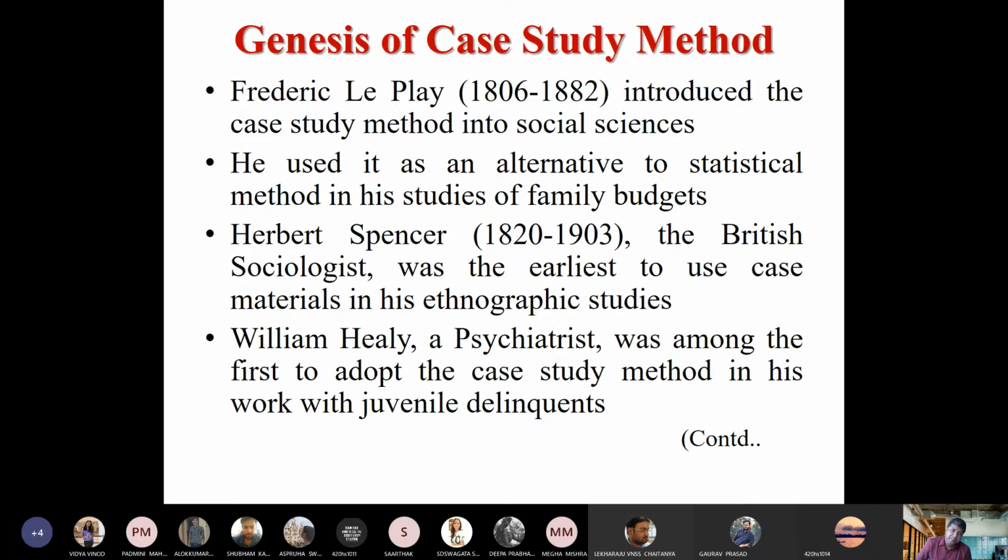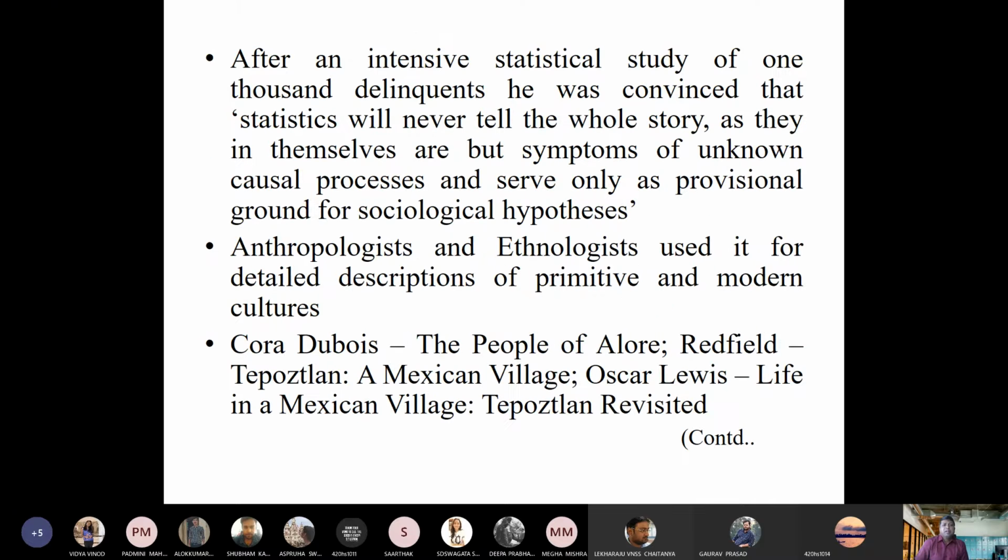So these are the very prominent people who have used this case study method. Then after an intensive statistical study of 1000 delinquents, he was convinced that statistics will never tell the whole story.